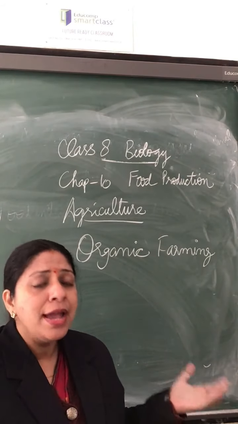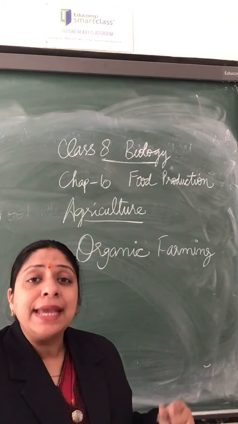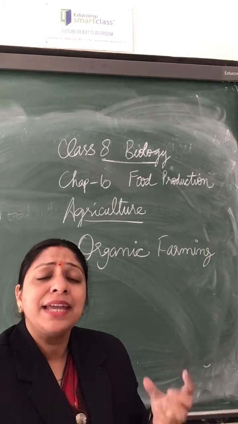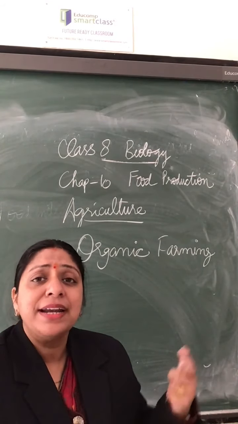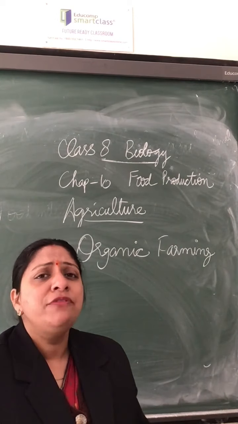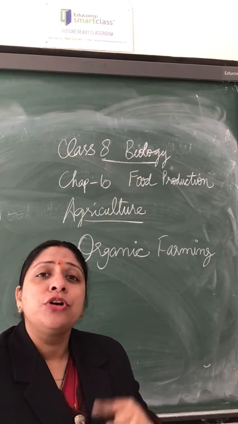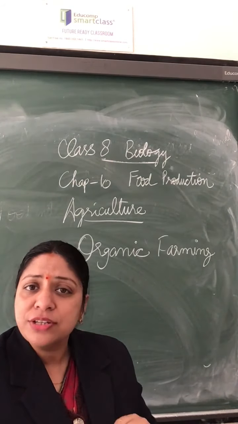I told already that instead of fertilizers, manures are used. Instead of chemical pesticides and insecticides, biopesticides, bio-weedicides and bioinsecticides are used, which do not cause much harm to the soil, and also they do not pollute the soil. When the soil is not polluted, the composition is not changed.